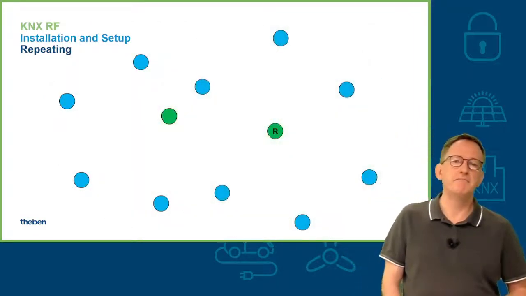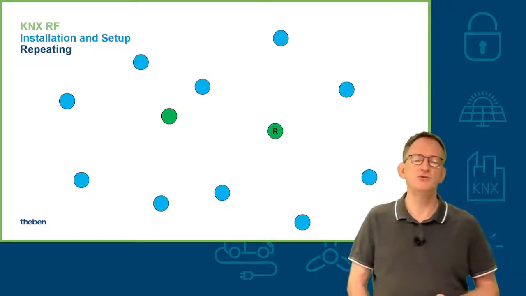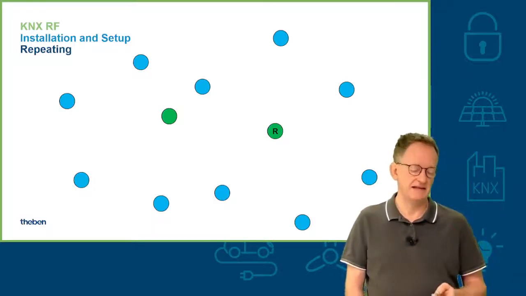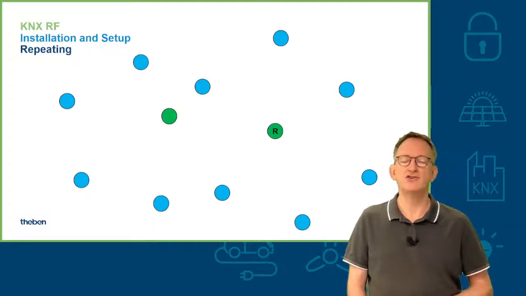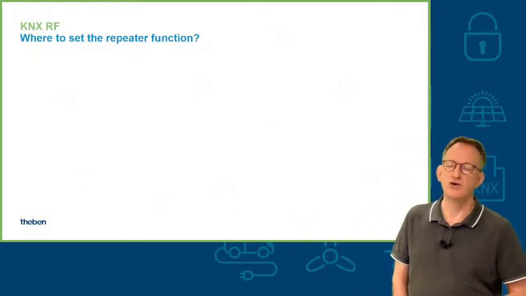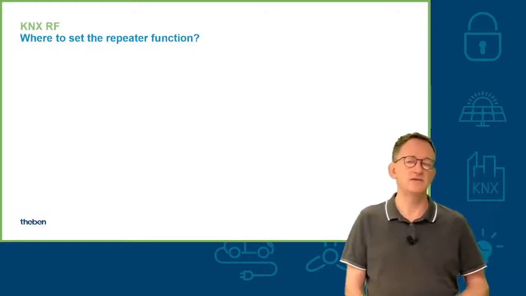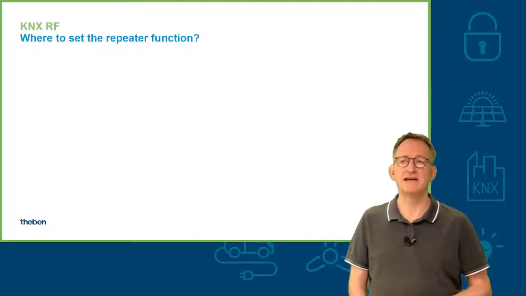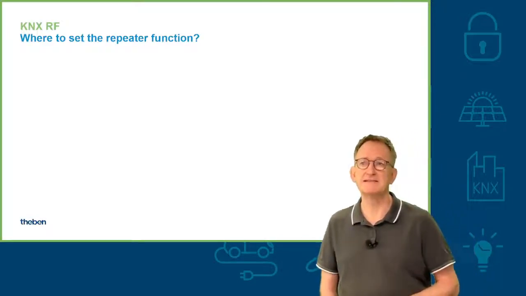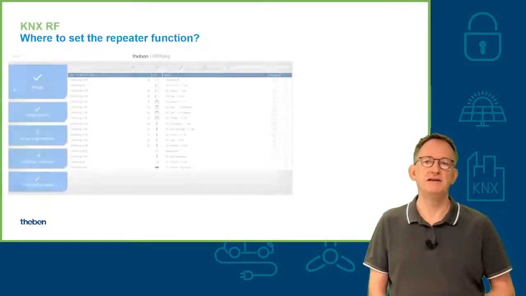On the other side, very often you do not know exactly what the range of the devices is, which devices are getting a good signal, and which devices are getting a bad or no signal. So which devices make sense to act as a repeater?